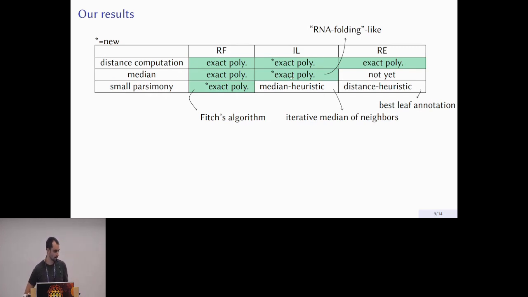For the IL distance, we do not directly solve the small parsimony problem, but we provide an algorithm for the median. And then we are able to apply a median-based heuristic for the small parsimony problem. And finally, as a reference point in our experiments, as you shall see, we apply a distance-based heuristic for the tree-edit distance.